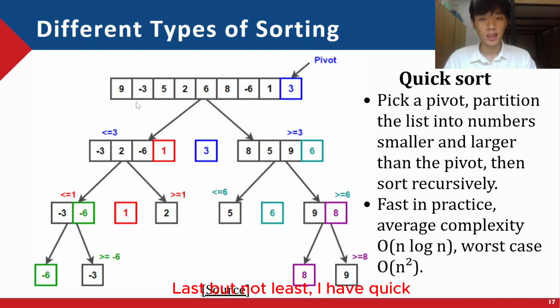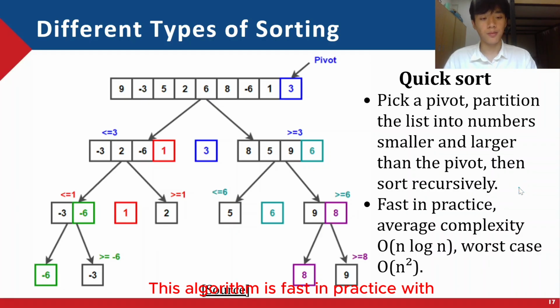Last but not least, I have quick sort. I will pick randomly a pivot, partition the list into numbers smaller and larger than the pivot, then do the same thing with the smaller and the larger part until I have the sorted version.